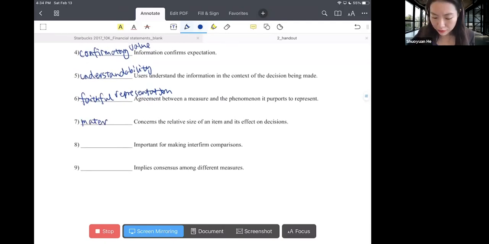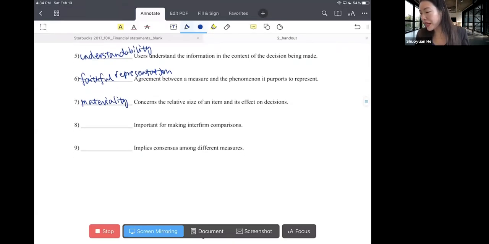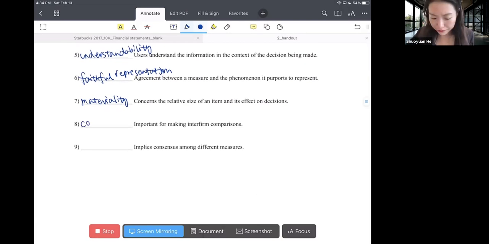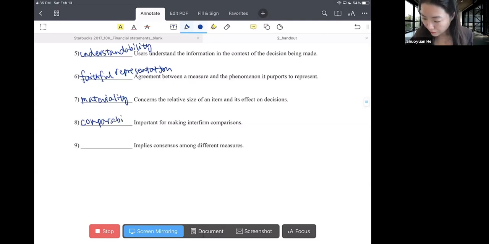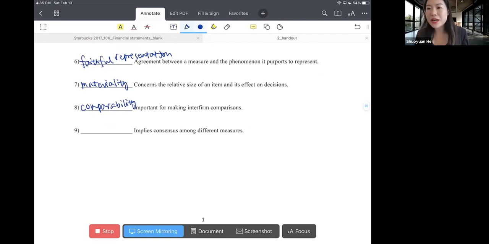Materiality. Important for making inter-firm comparisons. Comparability. Implies consensus among different measures. Verifiability.